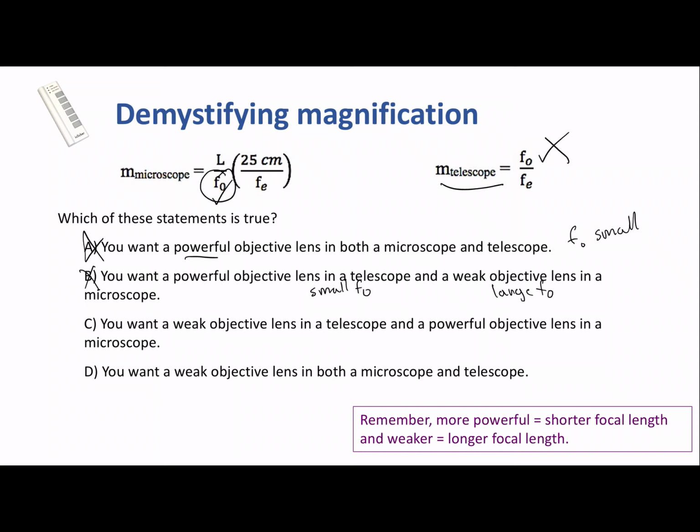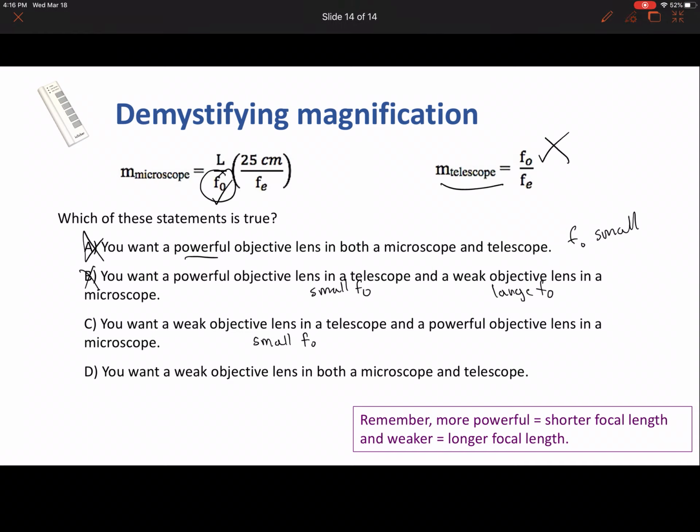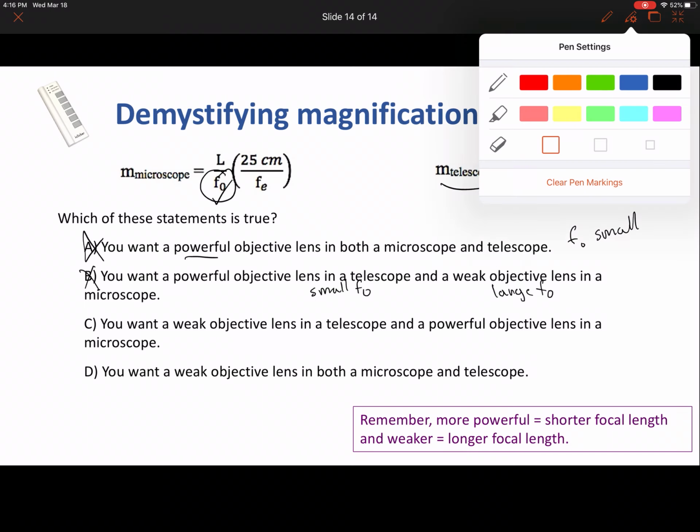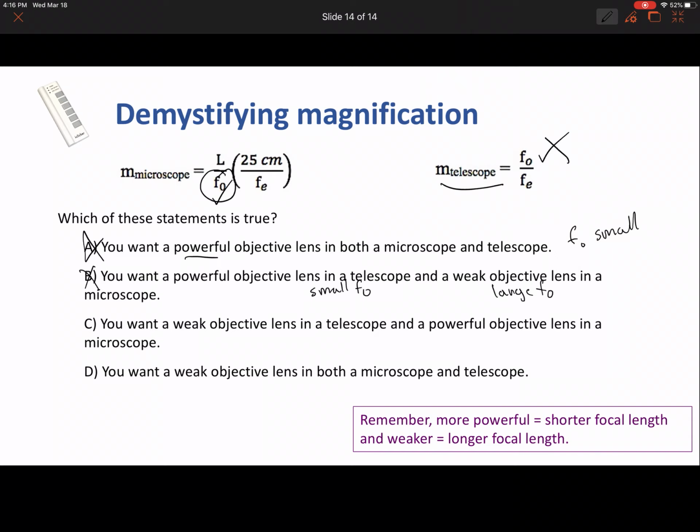C, well, C looks like it might be right. I actually want a weak lens as the objective lens in my telescope. That means I want a small focal length. Sorry, I'm confusing myself. I want a large focal length. A weak lens is one where it takes a long distance for those rays that are coming in parallel to the principal axis to be converged to a point. So a weak lens means a large F_O.